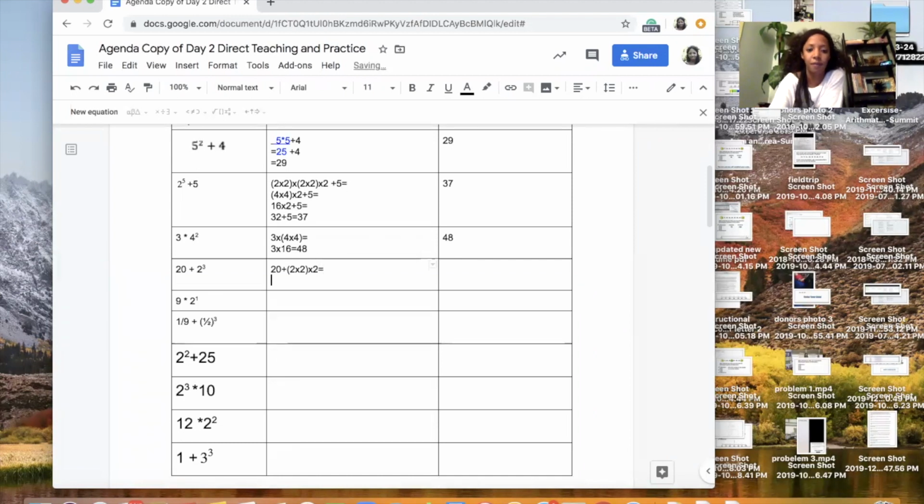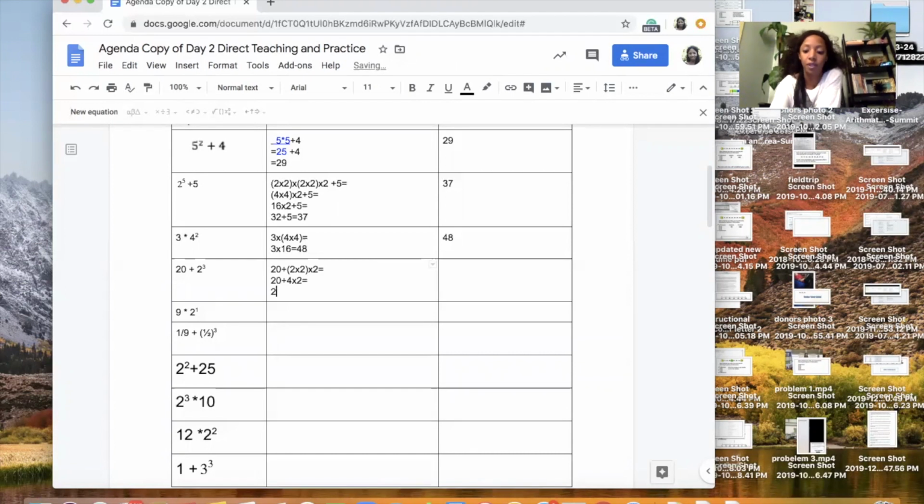That's how I keep track of my exponents when I'm working with exponents. Now I'm going to do 2 times 2, which is 4. And that's going to give me 20 plus 4 times 2. Next I'm going to multiply 4 times 2, which is 8. And that's going to give me 20 plus 8, which is 28. So my final answer is 28.